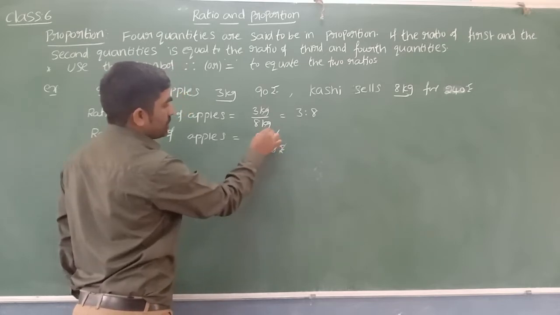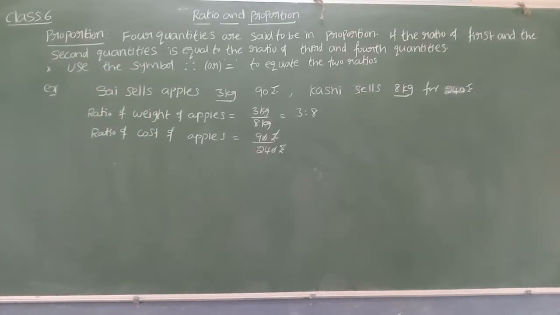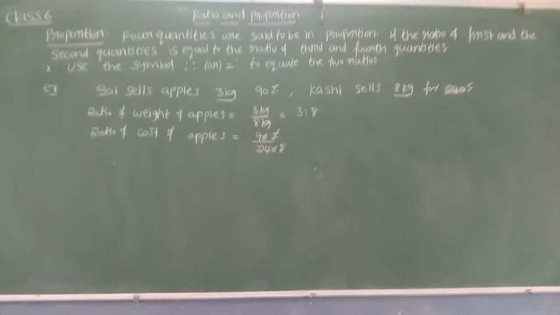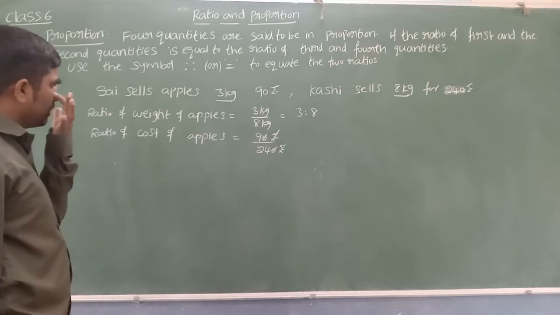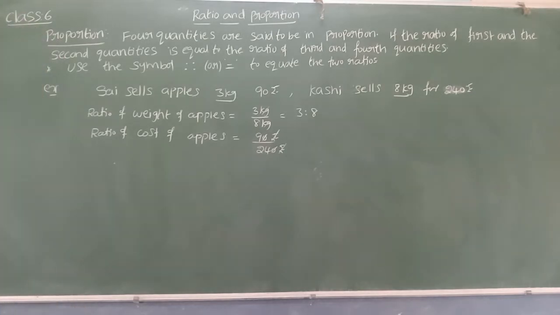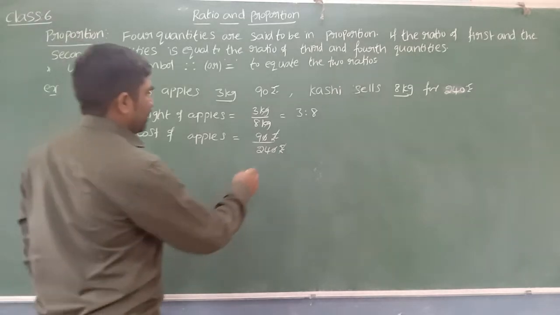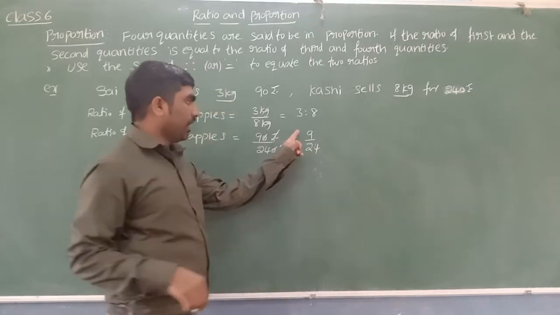Rupees cancel, zero cancels. The remaining terms are 9 by 24.